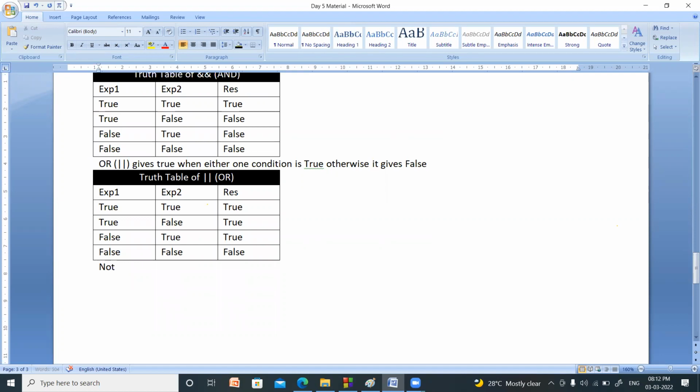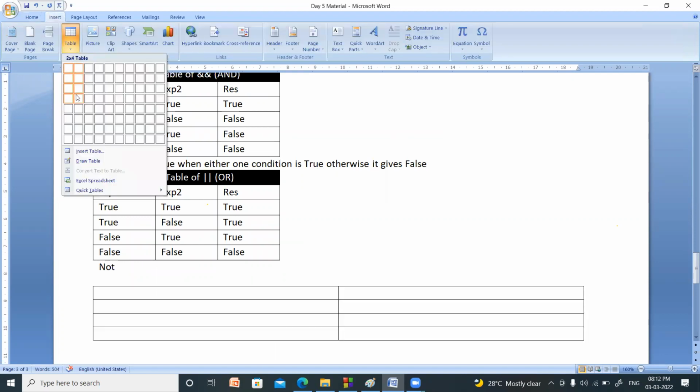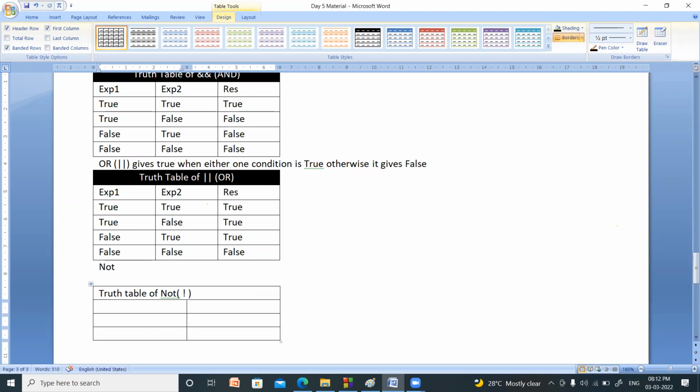What is the use of not? I will explain in a table. After that, you can easily understand this. Right. Now it is about the truth table of not. Not means exclamation symbol. It works on a single expression result.